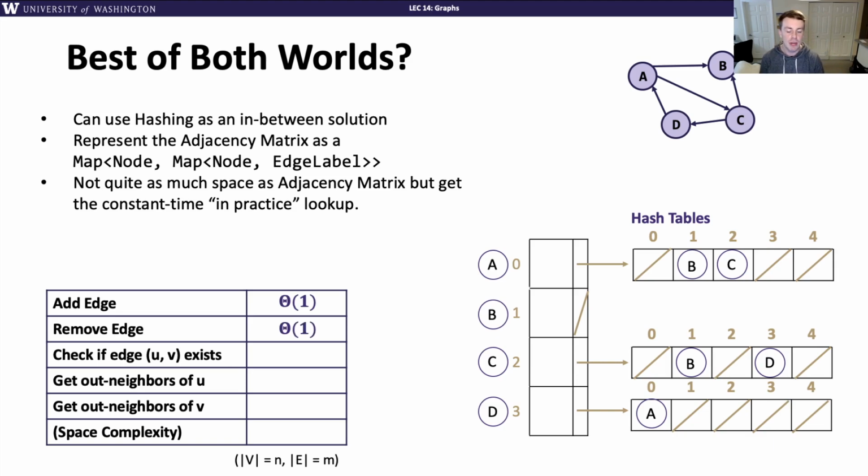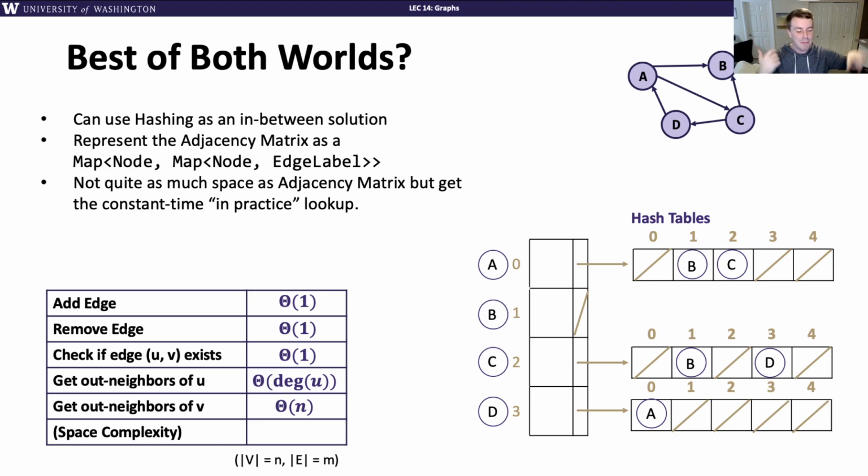So we end up with runtimes that are constant time for most things. Then getting the out neighbors and in neighbors of something take about the amount of time we would expect. For out neighbors, we just have that information stored for us. This is stored a lot like the adjacency list, where you have a mapping from one node to the set of nodes that it maps to.